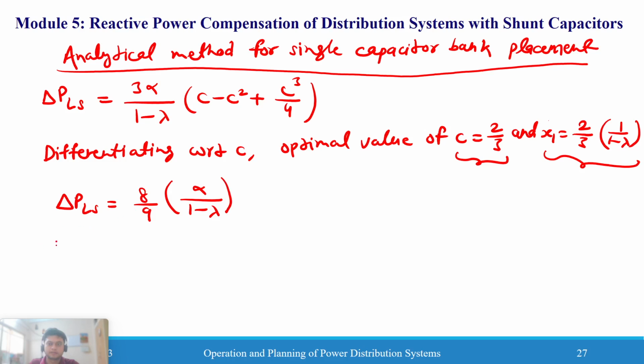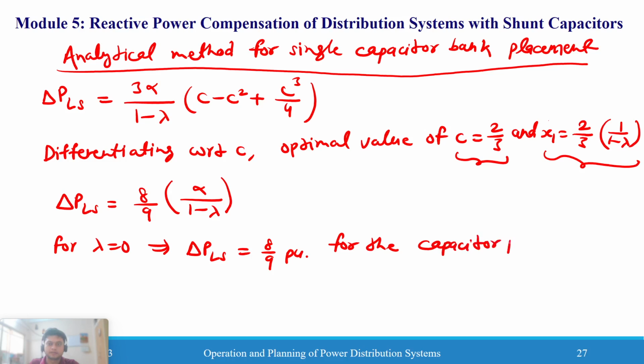And for lambda equal to 0, delta PLS is equal to 8/9 per unit, for the capacitor placed at x1 equal to 2/3 per unit, with C equal to 2/3 per unit of size.